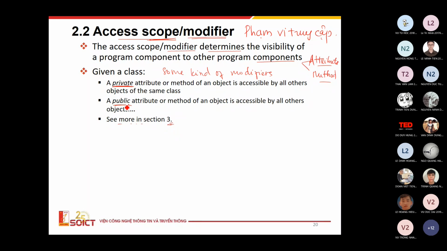Yeah, and for the private, it means riêng tư, đúng không? So when an attribute or a method is designed as a private attribute or private method, it can be accessed by just the object in the same class.